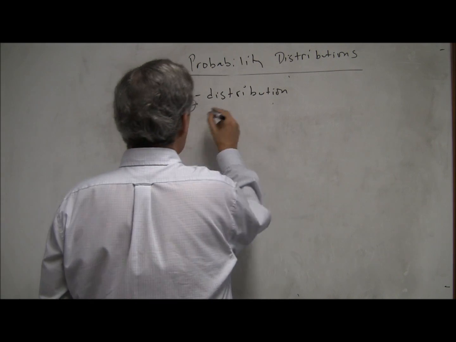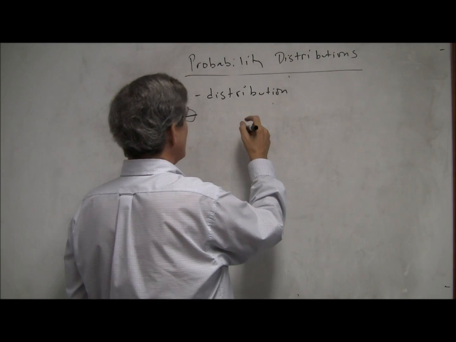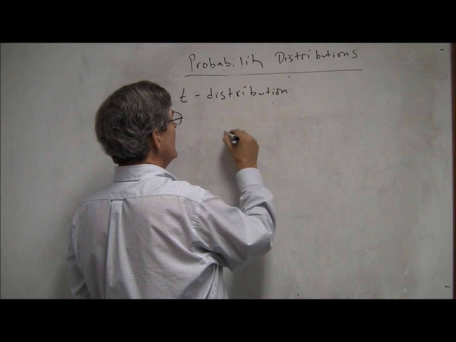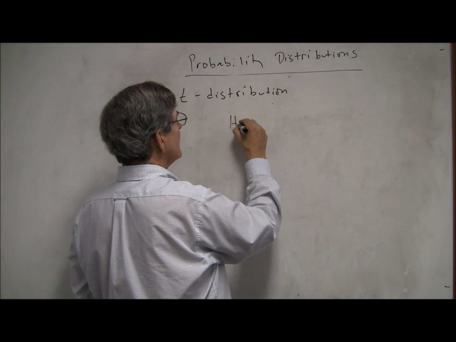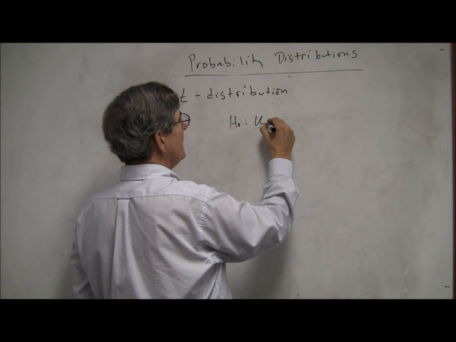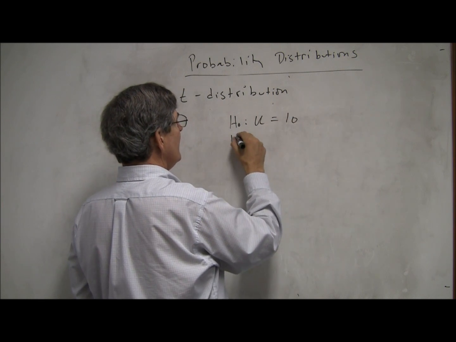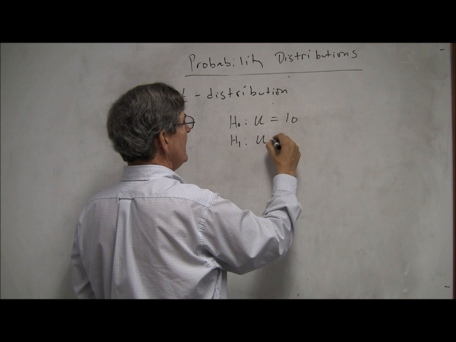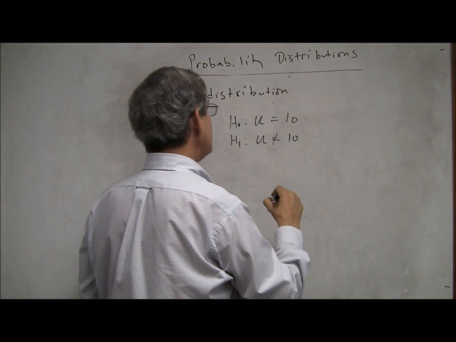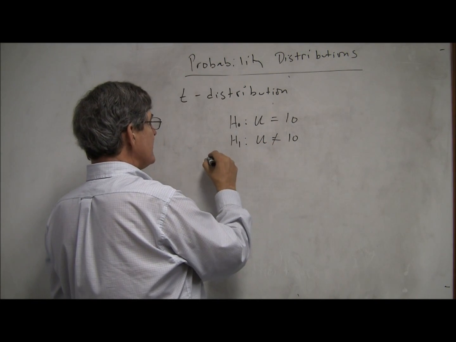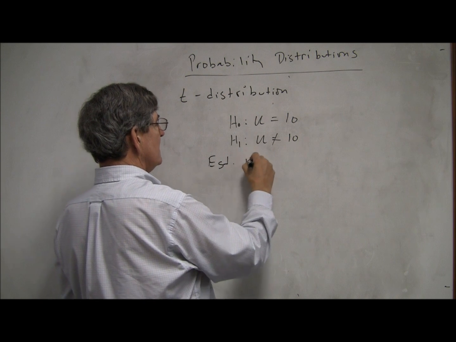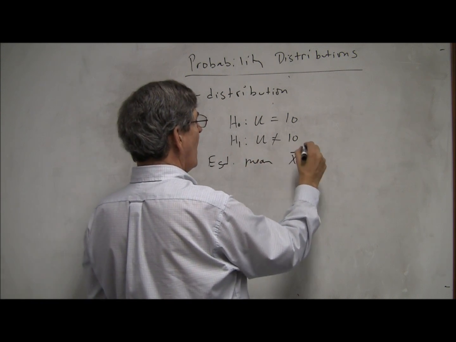For instance, what you probably learned in your stat classes was that suppose I want to test that the mean of a distribution is equal to 10. And the alternative is that the mean is not equal to 10. The way you estimate the mean is with x bar.